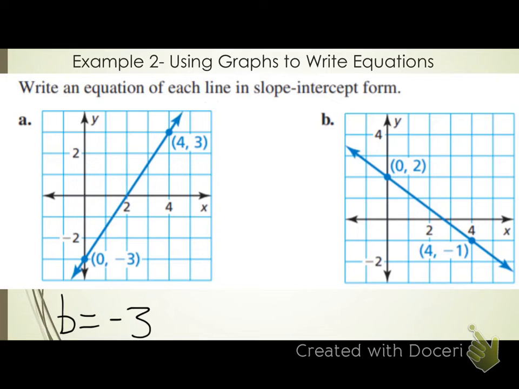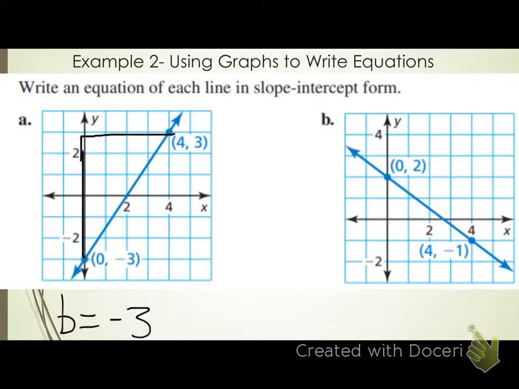Everyone okay with that? Now all I need is my slope. You guys remember how to find slope from a graph? Rise over run. Previously, we would create a triangle between our 2 points, right? The height of the triangle is my rise.